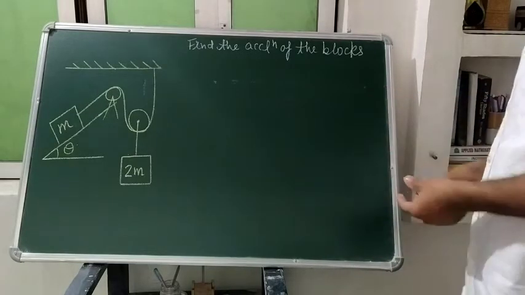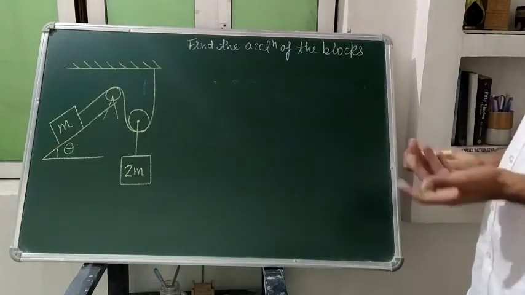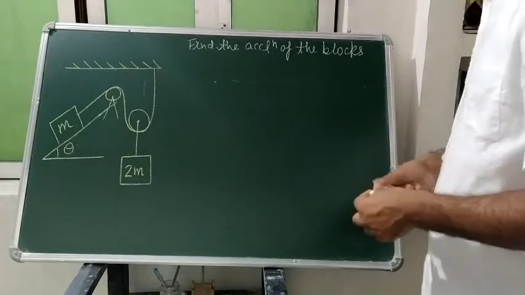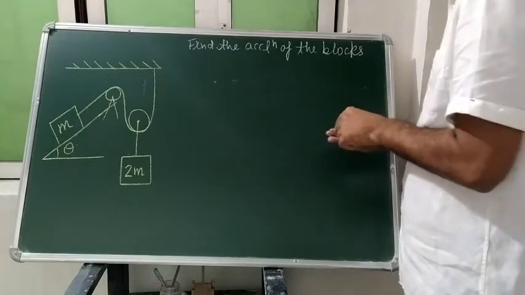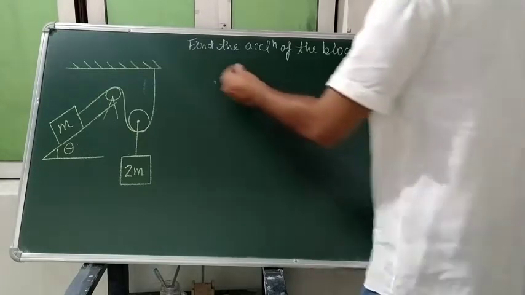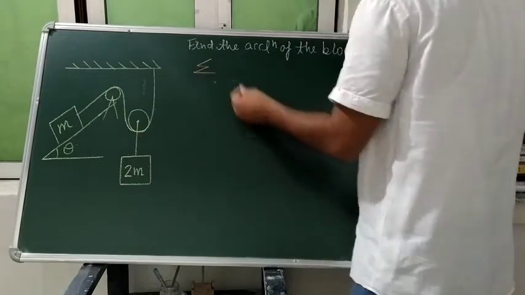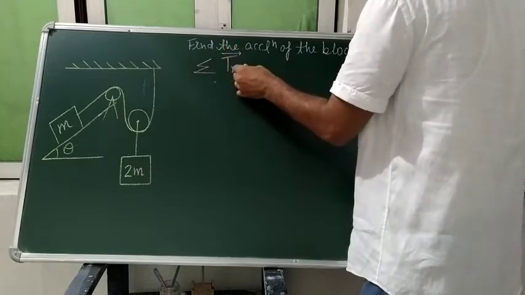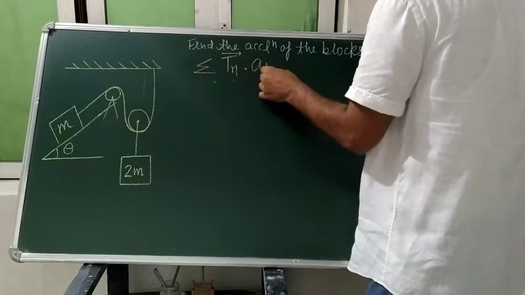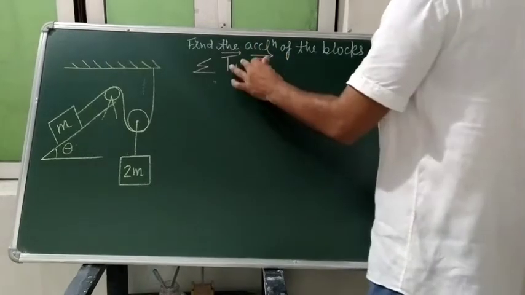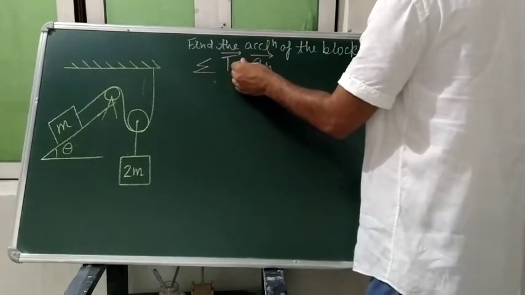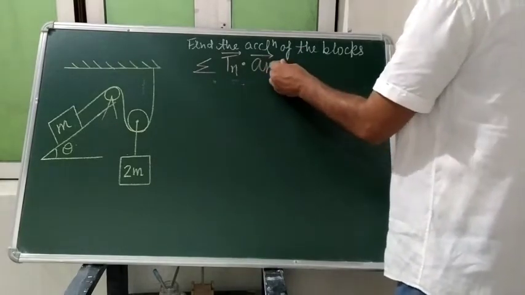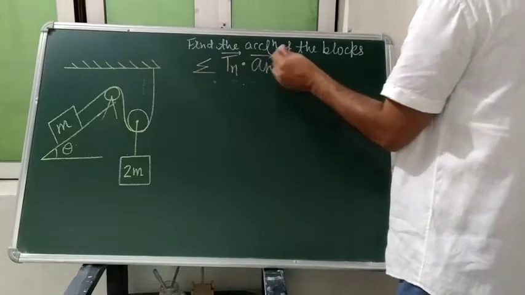So for finding the acceleration of the blocks, of course students, what will we require? From the short trick, if I am solving, the short trick will tell us that the sum of all the dot products of tension vector and acceleration vector should be equal to 0.